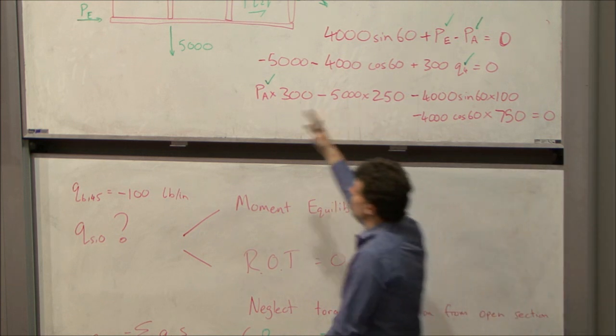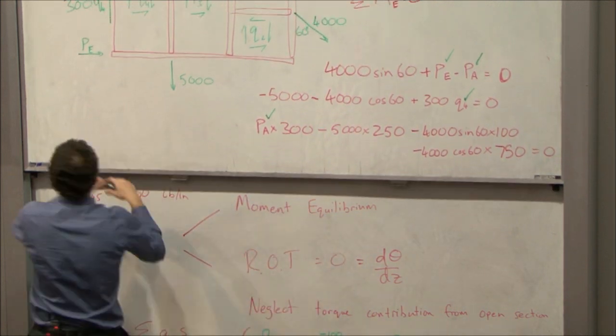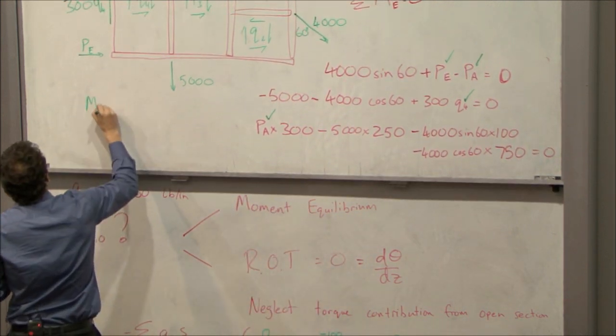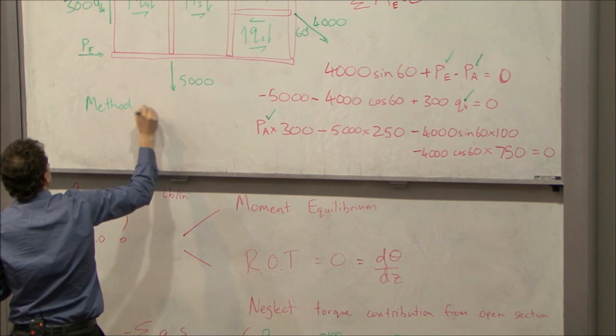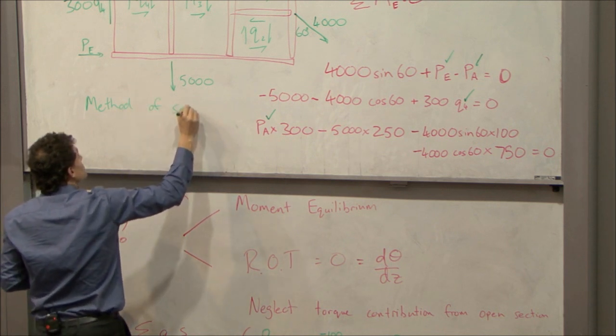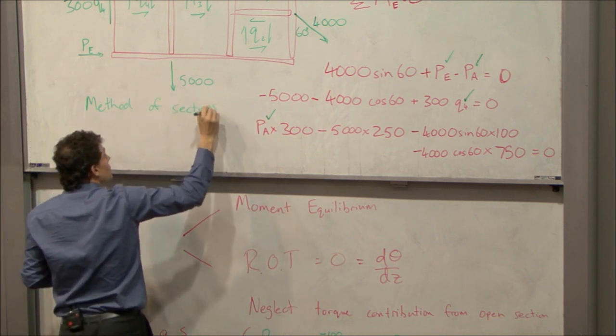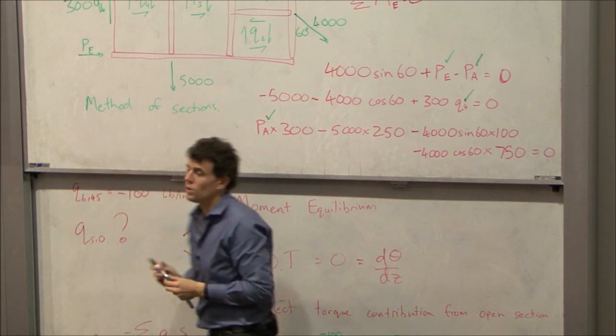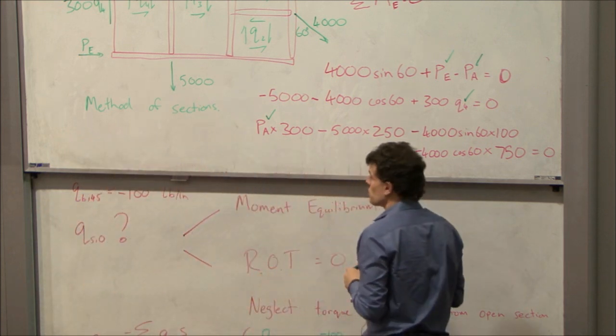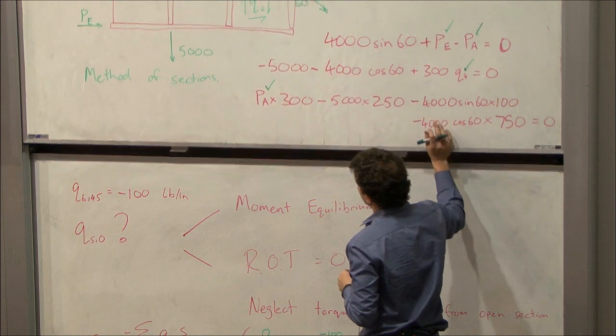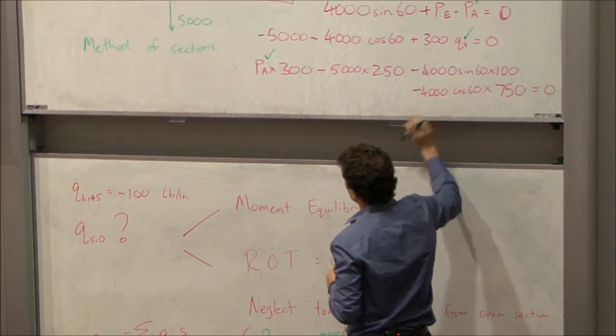That's what we've done here. This is a method of sections. What I'll show you now is a method of joints, another way of solving the same problem.